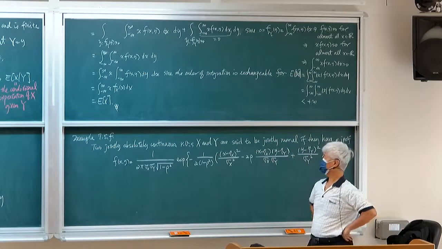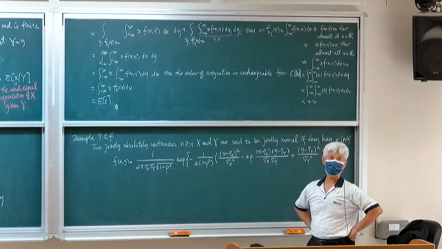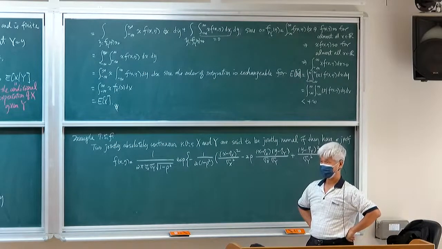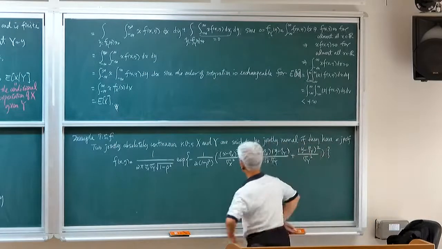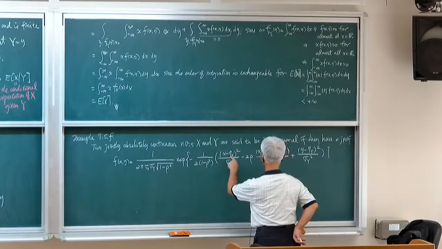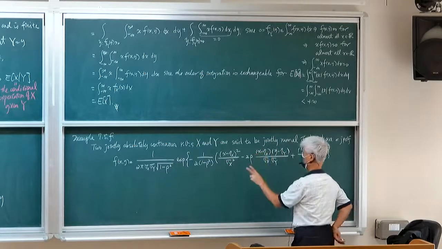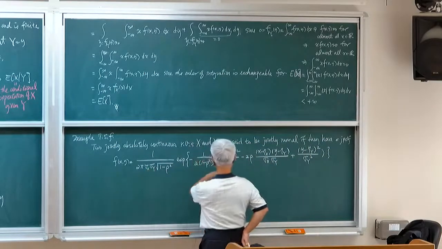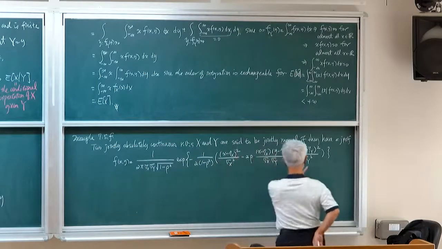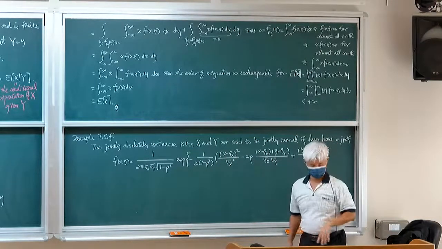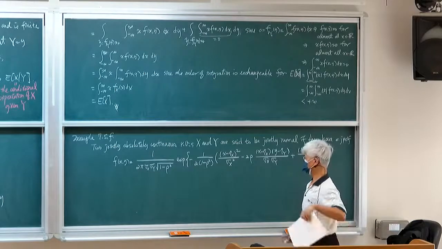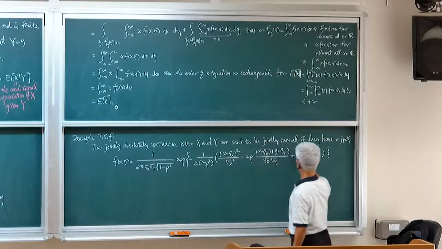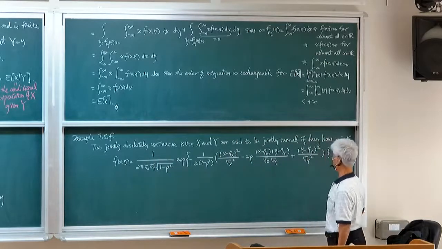And you can see there are 5 parameters for this joint PDF: eta x, eta y, rho, and sigma x square and sigma y square. So there are 5 parameters to describe this kind of PDF.